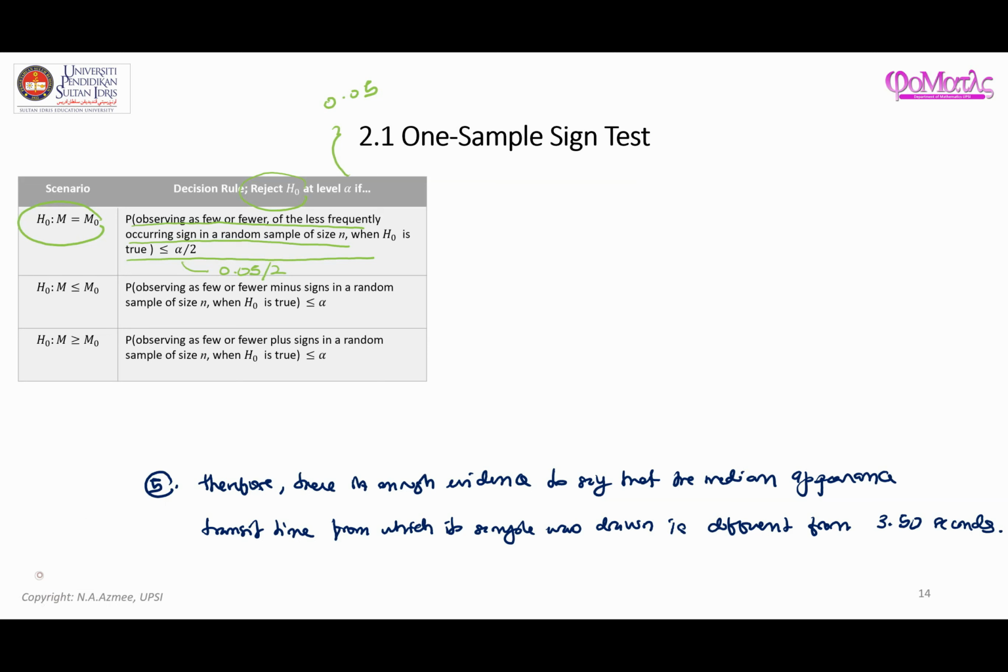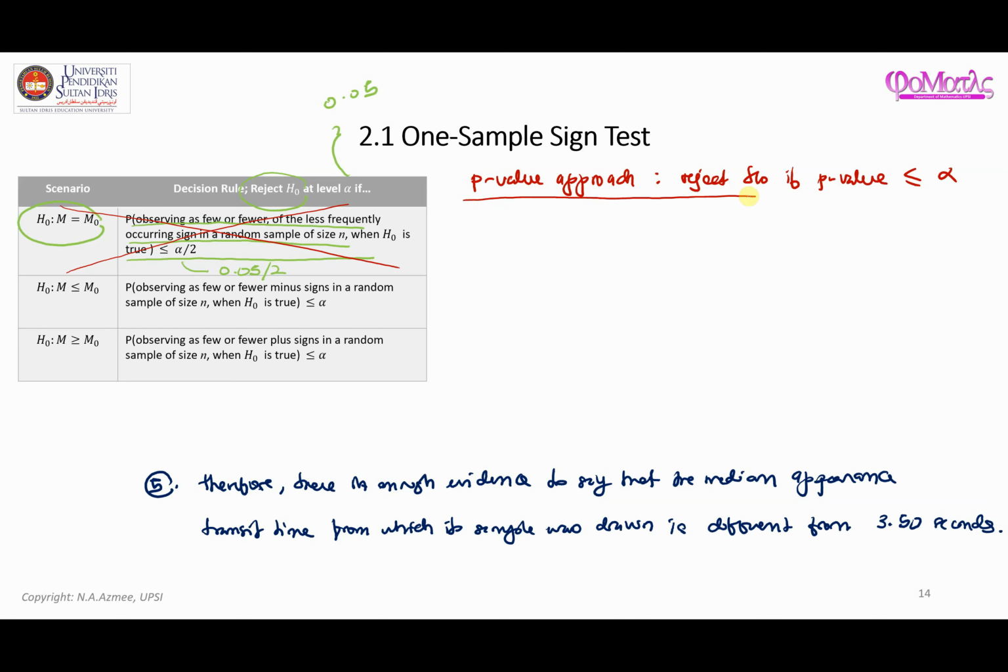If we talk about the p-value approach, remember what you have learned in the parametric procedure. You will reject H0 if p-value is less than or equal to alpha.